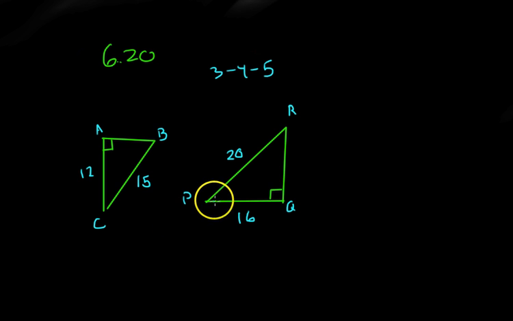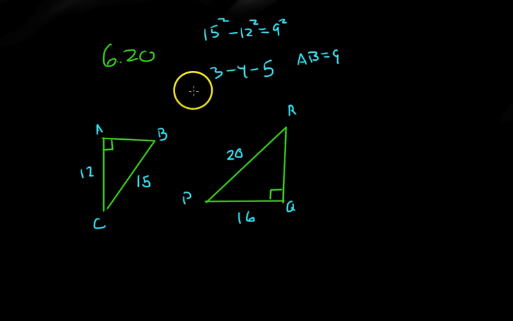You can recognize that, or you can use the Pythagorean Theorem: 15 squared minus 12 squared ends up being equal to 9 squared, so AB is equal to 9. Then you do the same thing here, where 20 squared minus 16 squared ends up being equal to 12 squared, and so RQ is equal to 12.